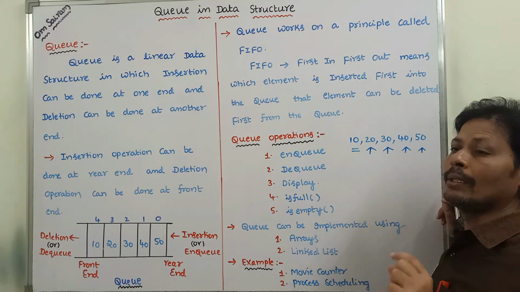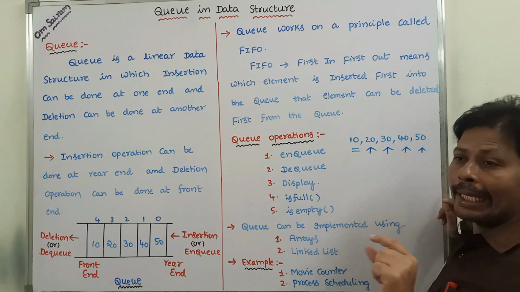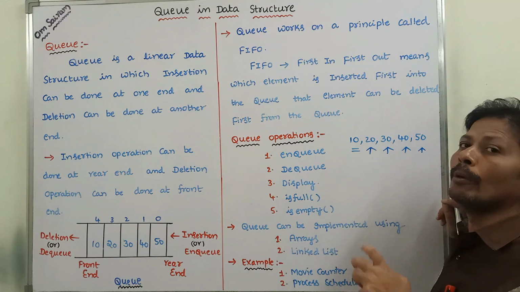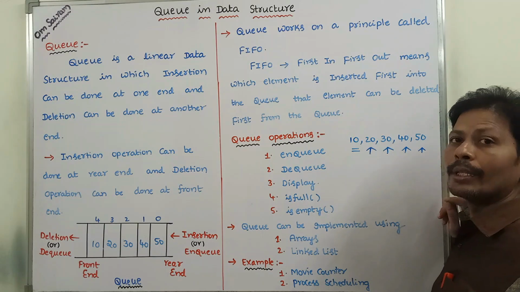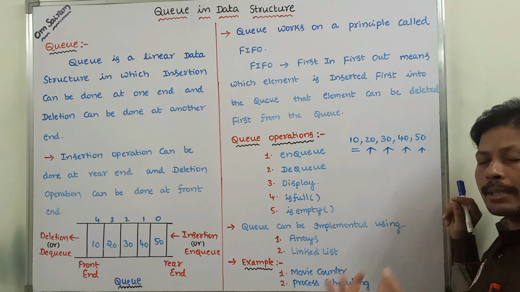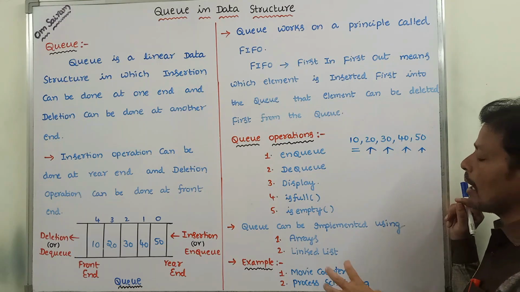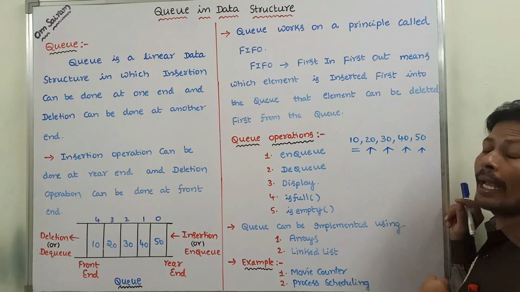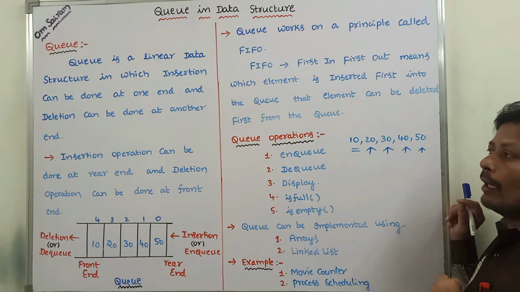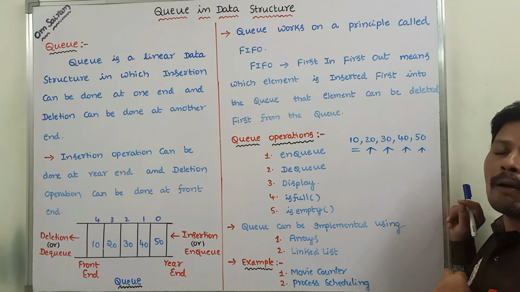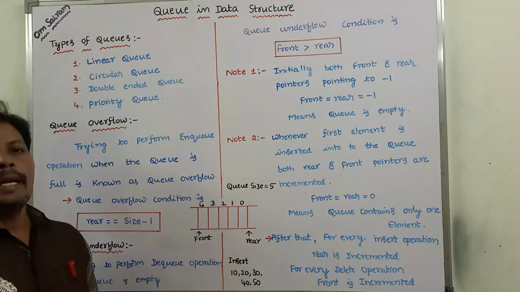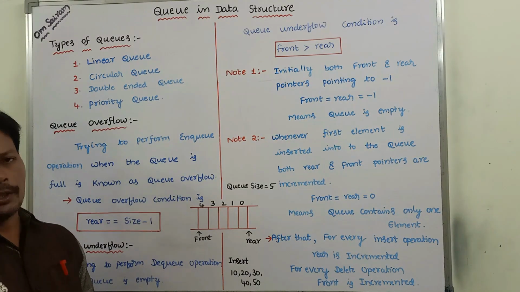At that time they are standing in the form of a queue before the reservation counter at the bus station or at the railway station. So these are the real life examples of queue data structure.